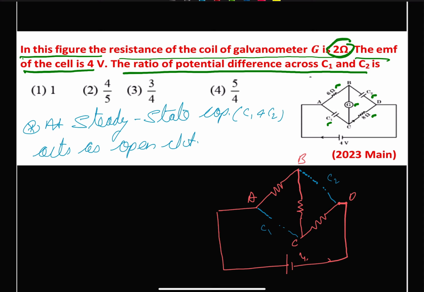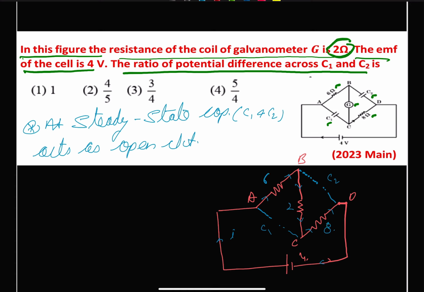Therefore the current will simply flow along this particular path. It will go from A to B, B to C and C to D and back to the supply. Let us call this current I. The values are given as 6, here 2 and this is 8.